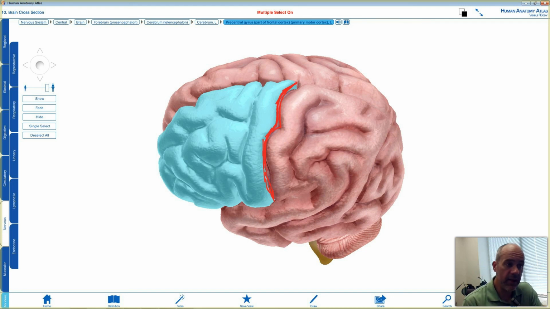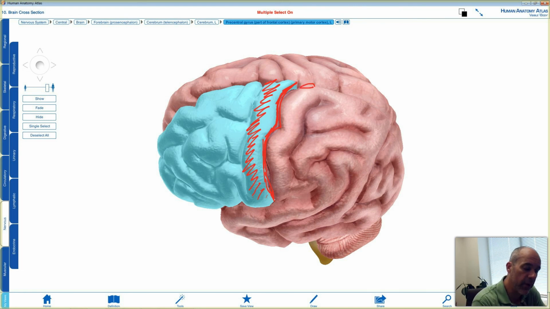And over on the physiology side, you're going to learn that this gyrus right in here is called the precentral gyrus, and the neurons located in there control your skeletal muscles. They're sending signals down to the spinal cord and the brainstem, and telling the motor neurons there which skeletal muscle fibers need to be stimulated for muscle contractions.